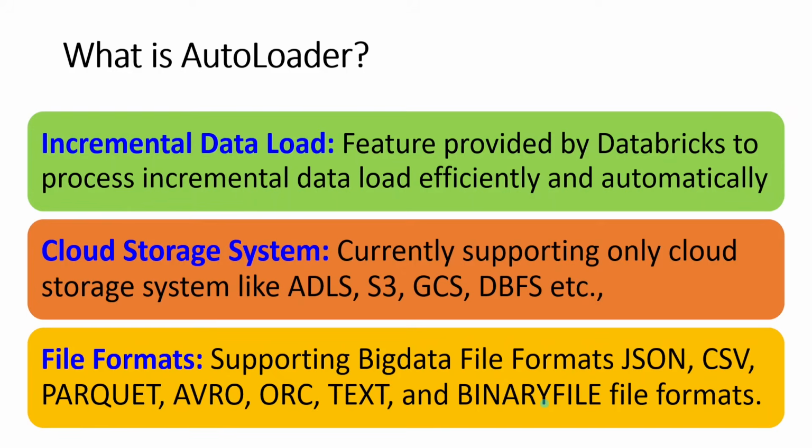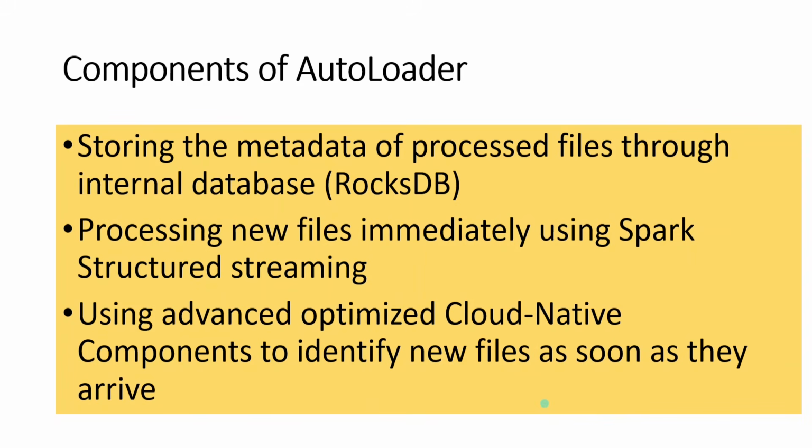Right. We understood what AutoLoader is, and for which source systems and file formats we can go with it. Now let us try to understand the internal components of AutoLoader. Basically, AutoLoader has three major internal components. The first one is the internal database. Whenever AutoLoader is ingesting data from different source systems, it stores the metadata of processed files within an internal database, which is RocksDB.